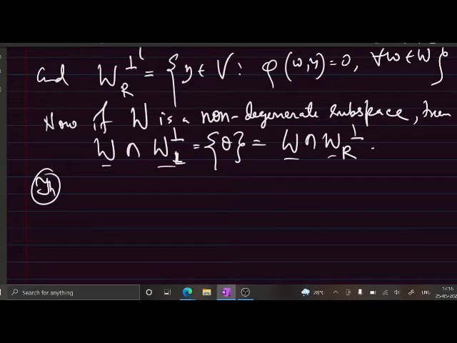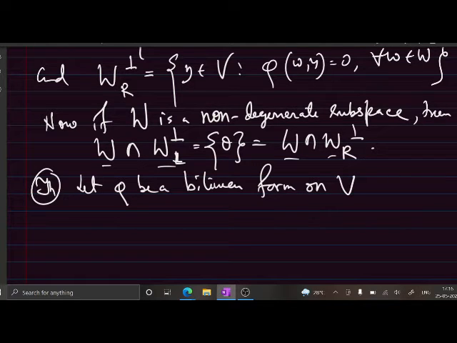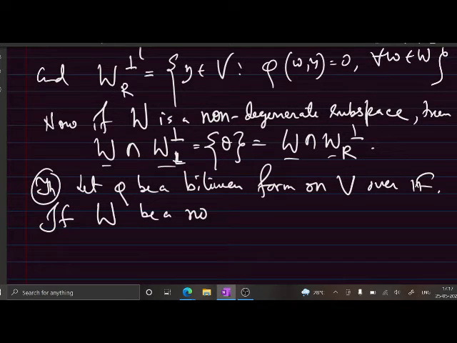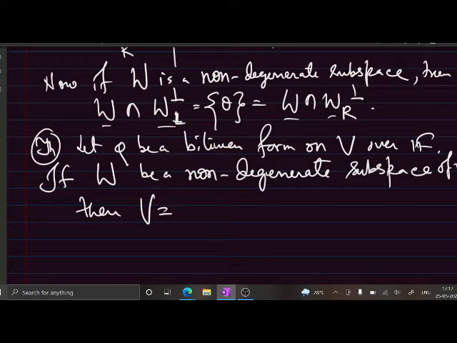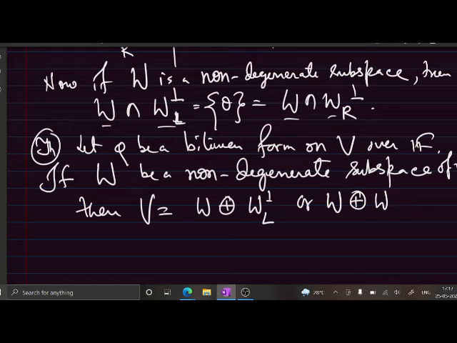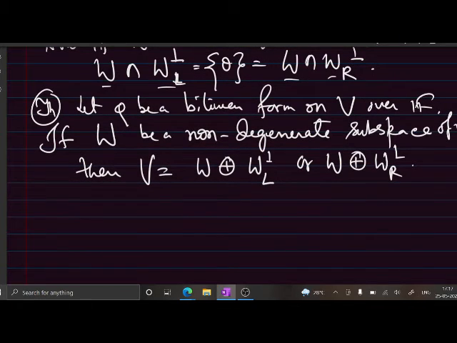So the theorem says that let phi be a bilinear form on V over some field F. If W is a non-degenerate subspace of V, then one can decompose V as a direct sum of W and W left perp, or W direct sum W right perp.